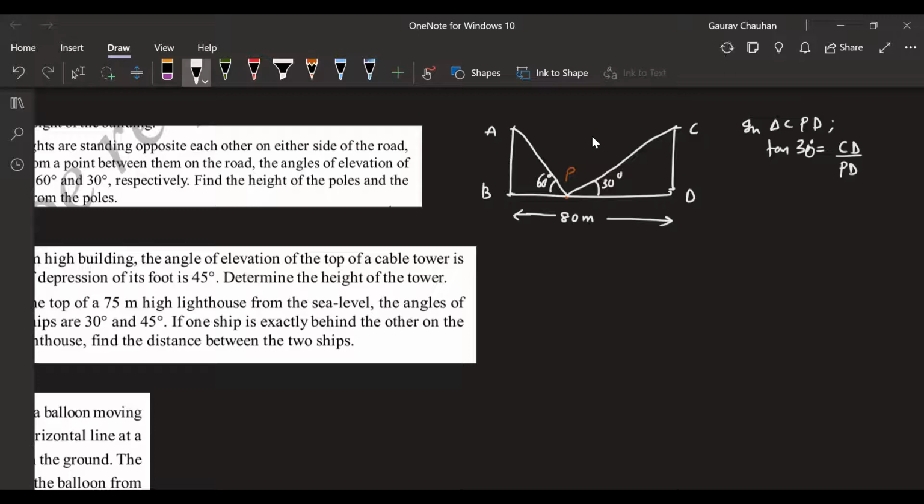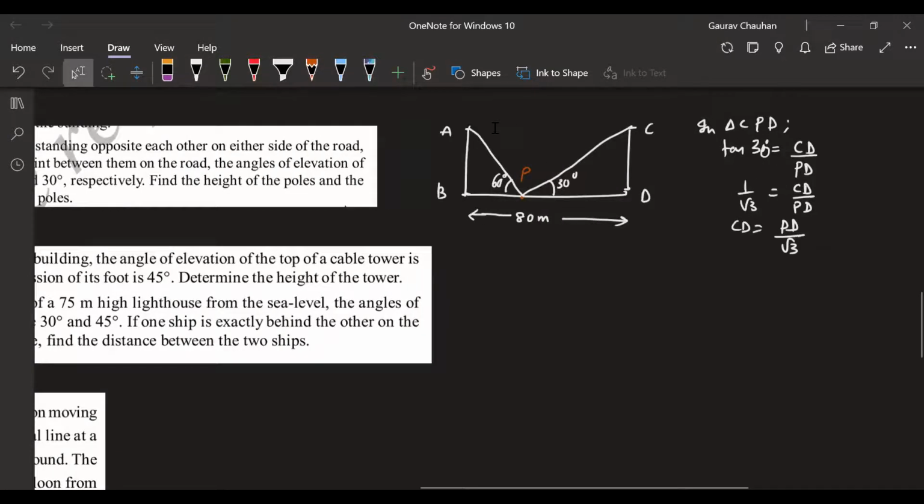Tan 30 is 1 by root 3, which is equal to CD by PD. If we do cross multiplication, we get CD is equal to PD by root 3. We can mark it as equation 1.